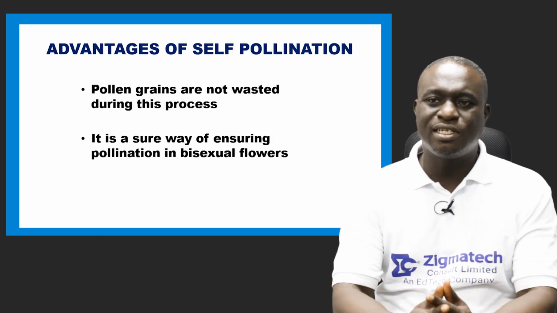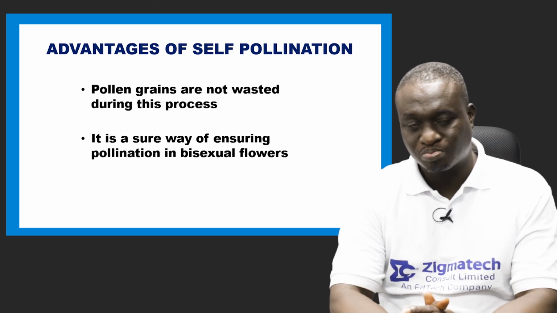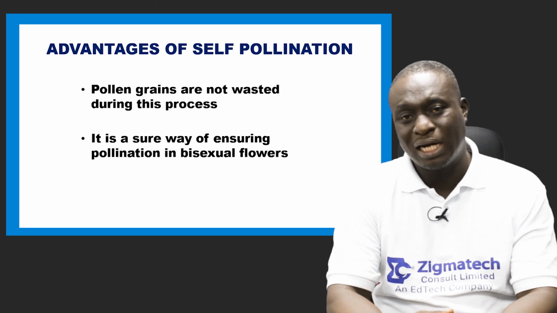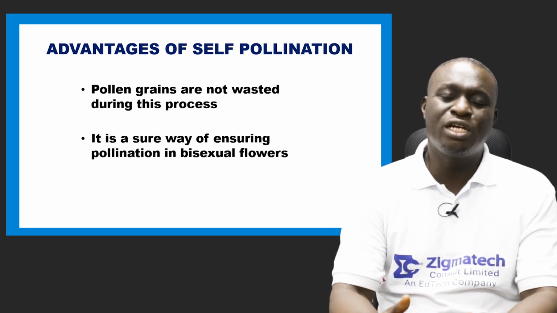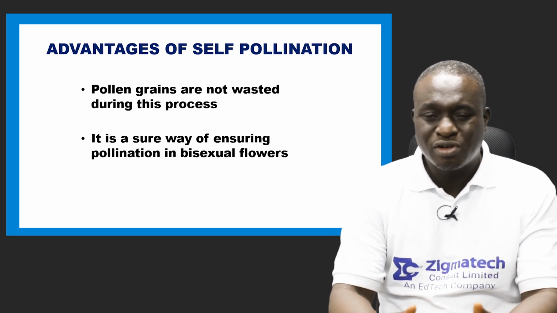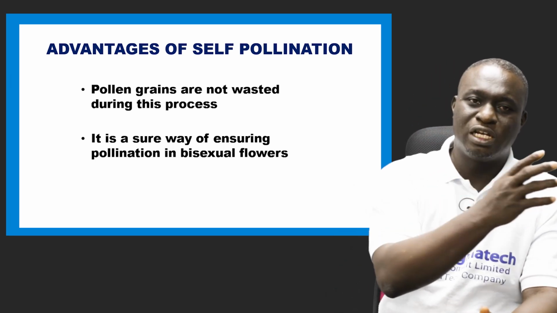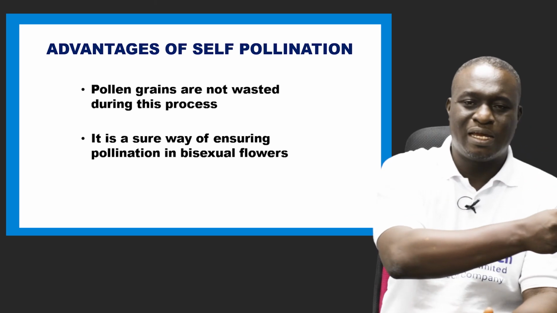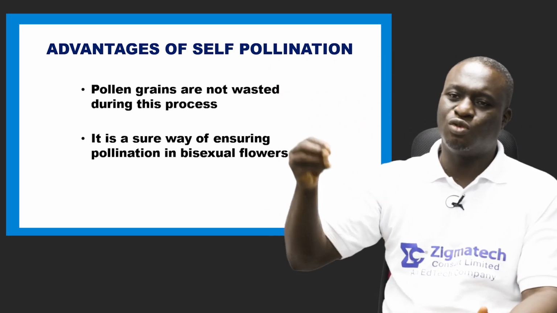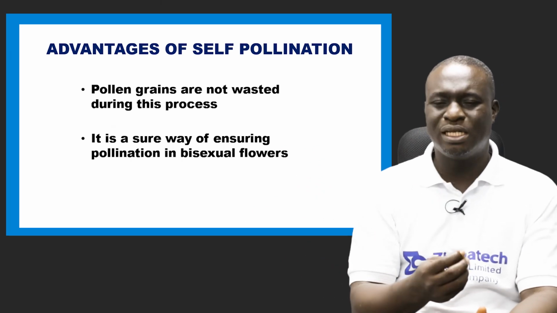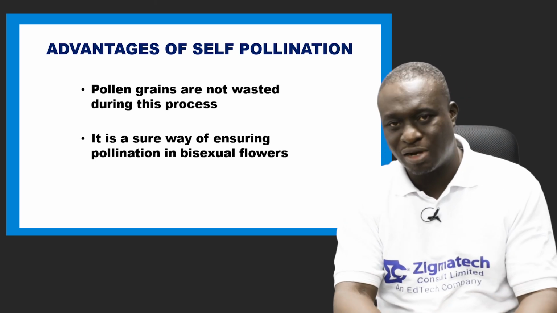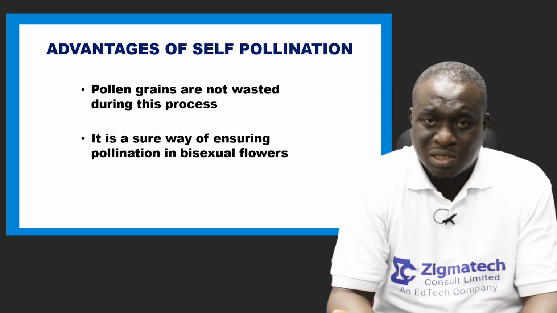Now, these are some of the advantages of self-pollination. Number one, in self-pollination, the pollen grains are not wasted. Unlike in cross-pollination, where agents carry pollen grains from one flower to another, there is every possibility for these pollen grains to fall to the ground, and that's a waste.